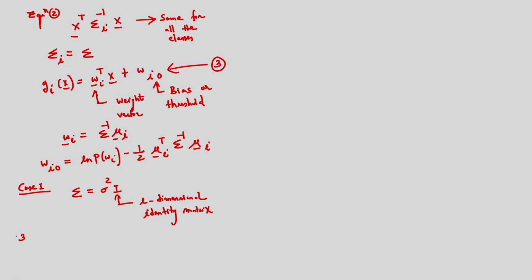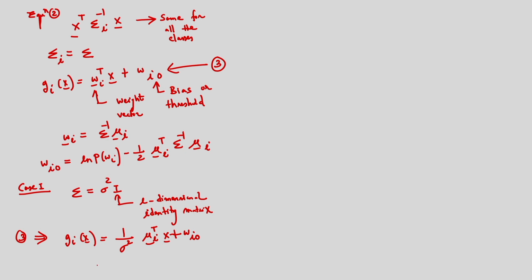So from equation number 3, what I will be getting now is gi(x) equal to 1 by sigma square mu i transpose x plus wi0, that is the bias.